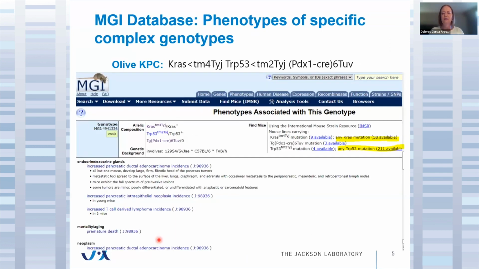The MGI database is such a wealth of information, and I only have time to touch on a few things, but the main thing I wanted to tell you is that you can go in there and find the combination of the 3 specific mutations from the Olive Lab and look at what the literature says about the phenotype of that particular model. I'm not going to read it out loud, but that information is out there and it's interesting. On the highlighted section of the slide, you'll see that there are so many more mutants of P53, so many mutants of KRAS.